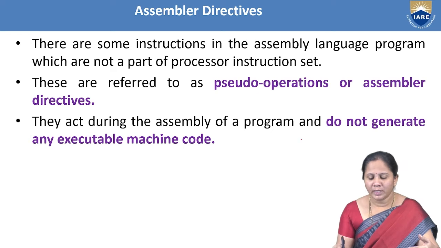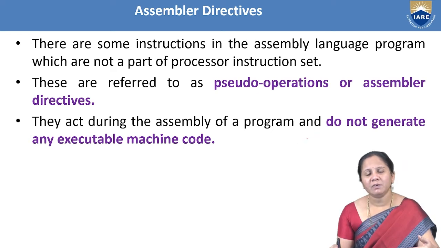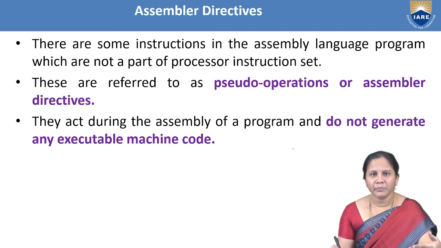During assembly level language programming, we write the program by including the instructions that come under the instruction set of the 8086 microprocessor and also these special instructions called assembler directives.